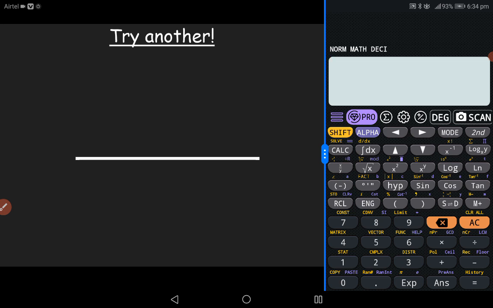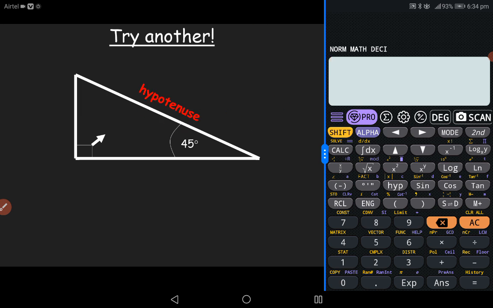Try another one. If you have another triangle where the given angle is 45 degrees, and we have our hypotenuse like that, as well as the opposite side and the adjacent side.